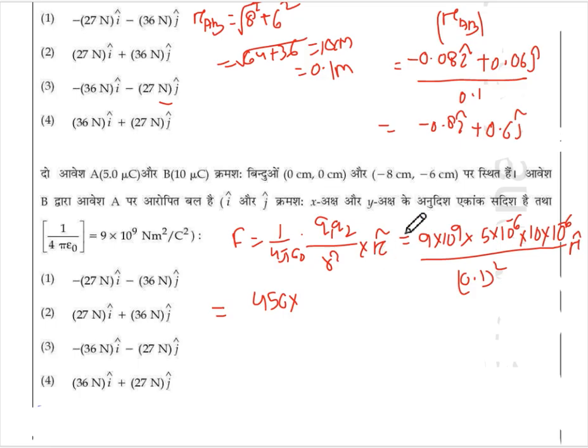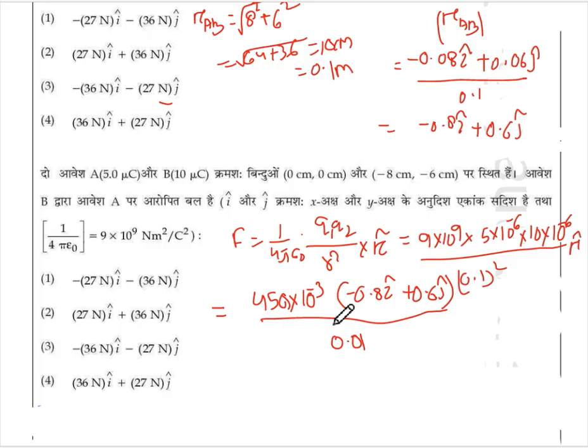And this will become 10 to the power 9, with minus 12, so it will become 10 to the power minus 3. So I can write r cap value as minus 0.8 I cap plus 0.6 j cap, divided by 0.01.